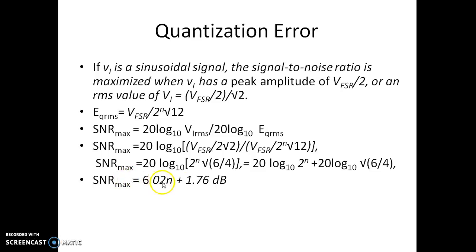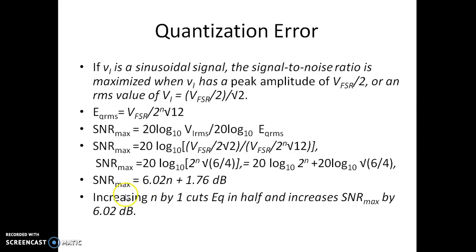Now you can see it is 6.02 n plus 1.76 dBs. Now what does this mean? For every increase in the value of n by 1, assume that n is now 3 bit, so we can find out what the SNR max is. Substituting n by 3, that is 6.02 into 3 plus 1.76 will be the signal to noise ratio.